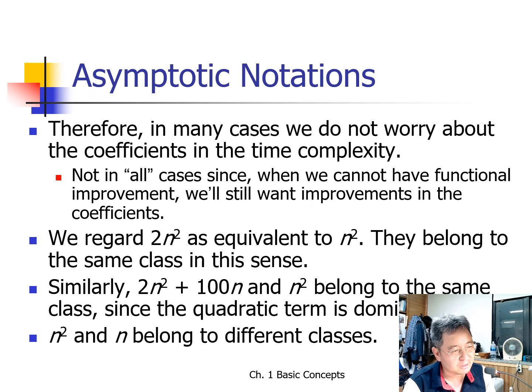So in the previous example, 2n square can be equivalent to n square. So we will classify some time complexity as class.